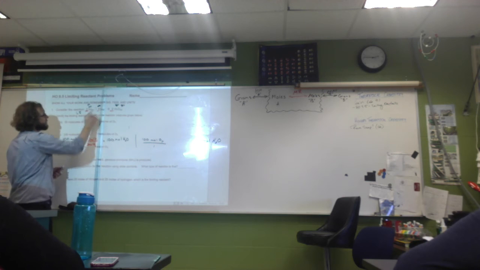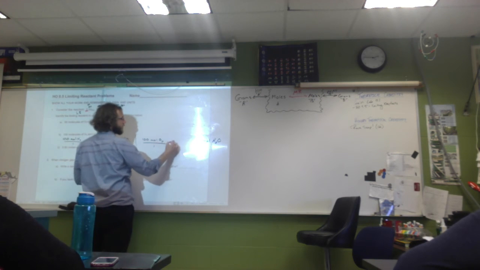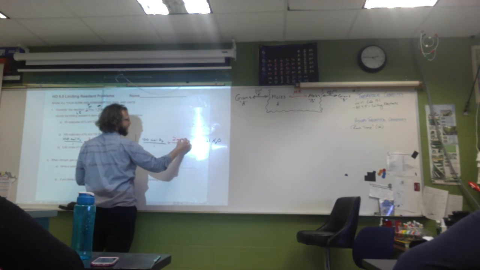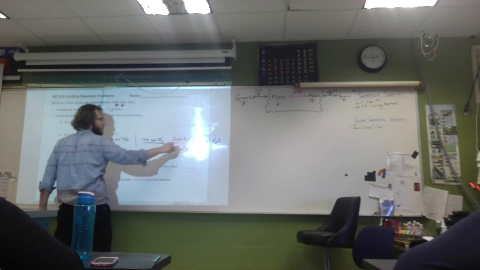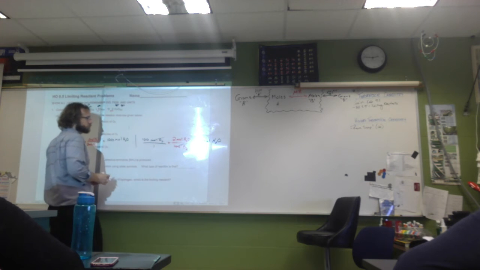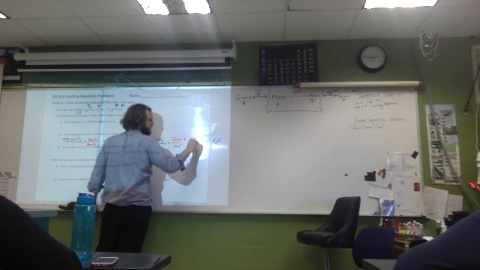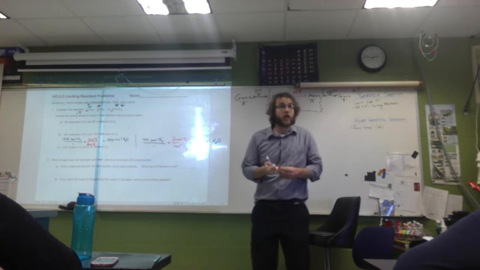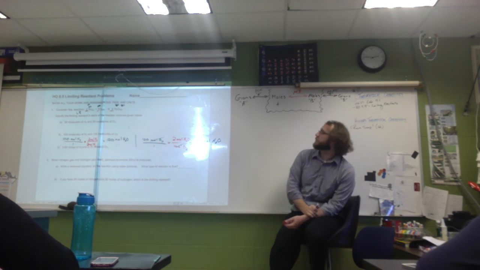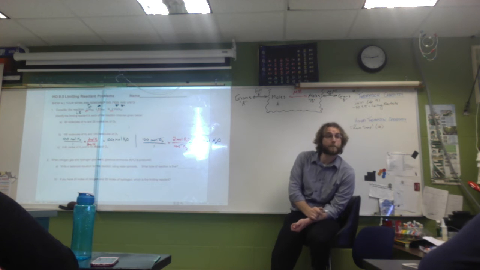Mole ratio is 2 to 1. 2 moles of water on top, 1 mole of oxygen on bottom. 100 times 2? 200. Well, riddle me this, Batman. Will we ever make 200 moles of water?